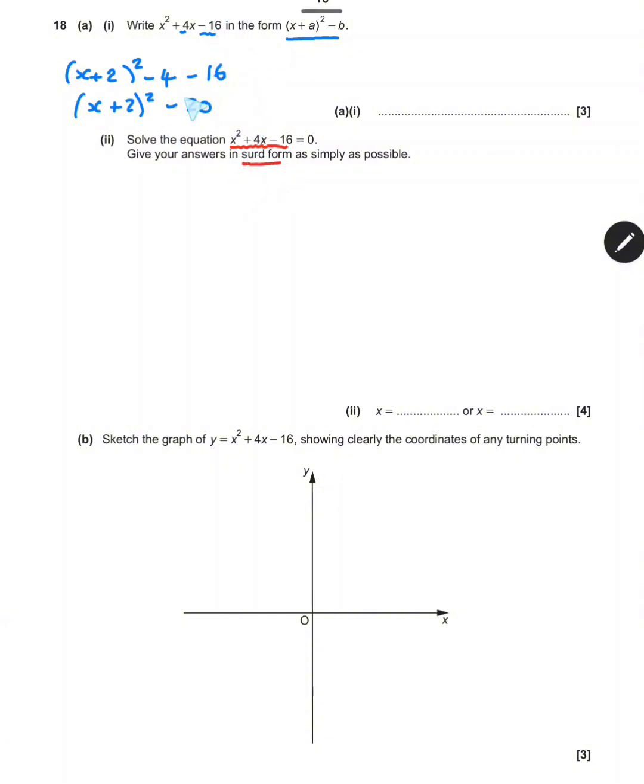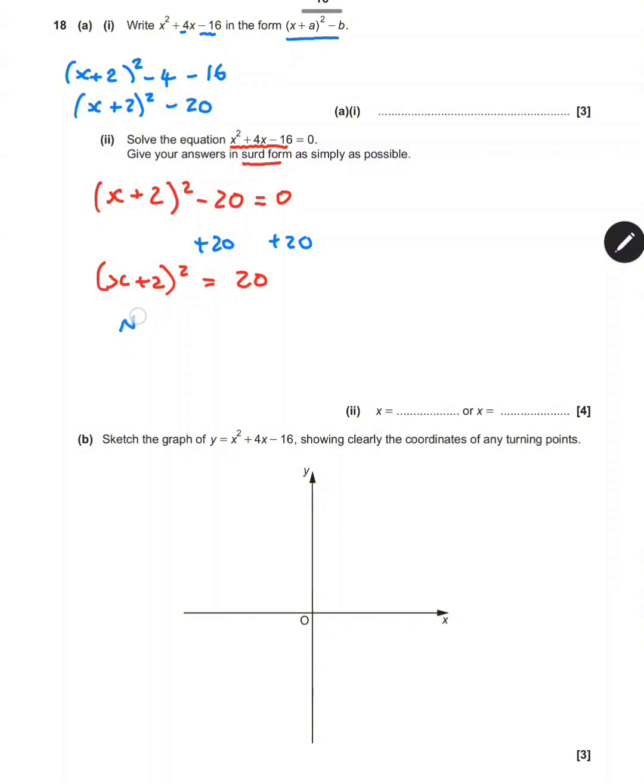Well, if we've just been told to complete the square, and we want a solution in surd form, we're going to use our completed square form in order to solve this. X plus 2 all squared minus 20 now equals 0. We'll just solve this. First step is to add 20. And we get x plus 2 all squared equals 20.